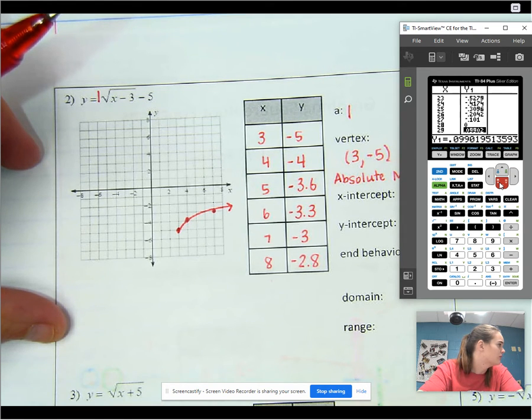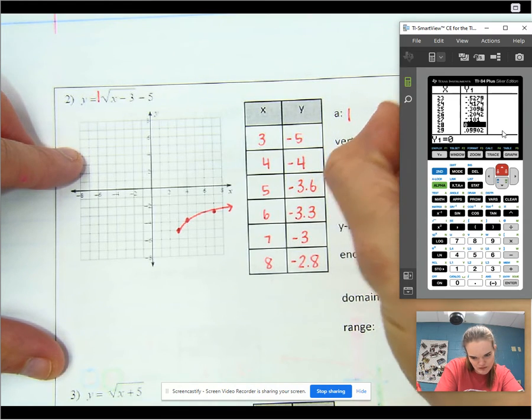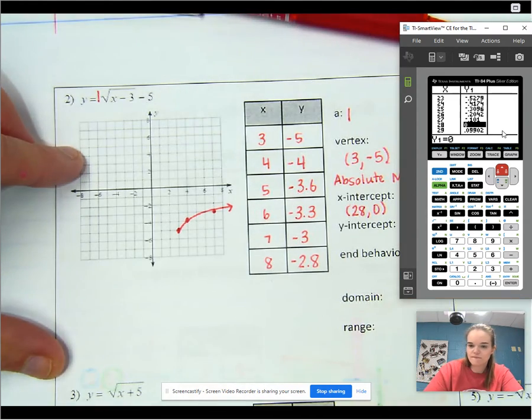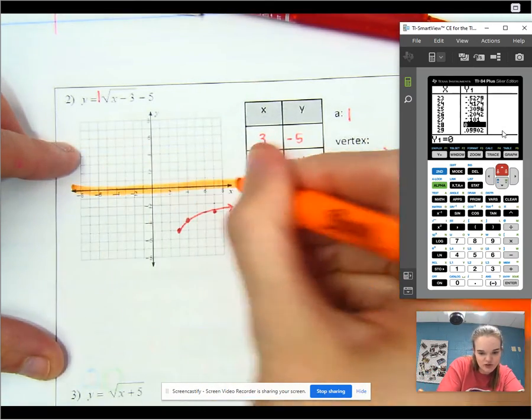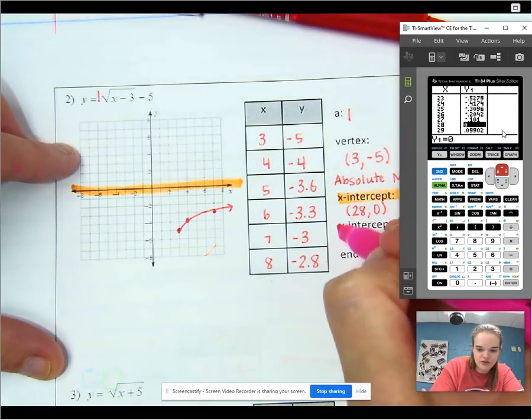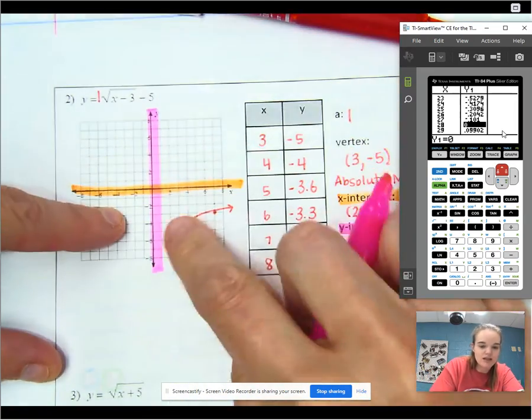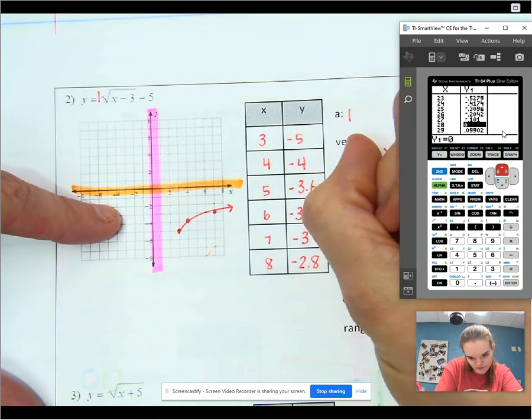Hang on. There it is. The x-intercept is 28, 0. It's where it crosses. I knew it was eventually going to cross because it's pointing up. The y-intercept, since it is not pointing in this direction, it is never going to cross.